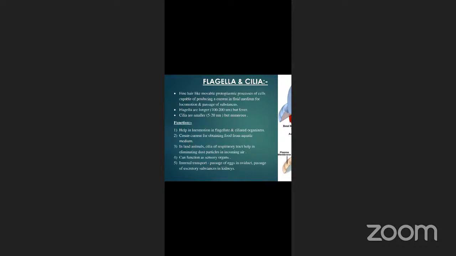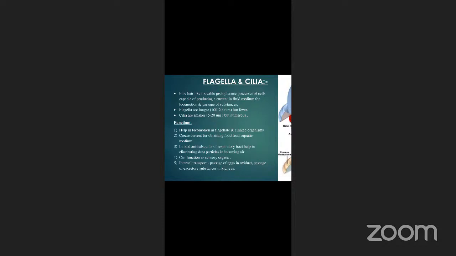They are fine hair-like movable protoplasmic processes of the cell, which are capable of producing fluid medium for locomotion or movement and passage of substances. Flagella are longer in length but fewer in number, whereas cilia are smaller in size but numerous in number.